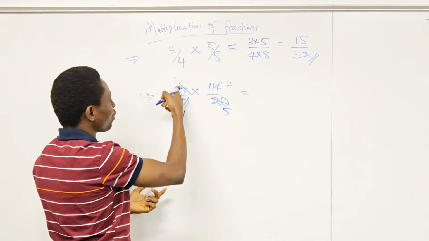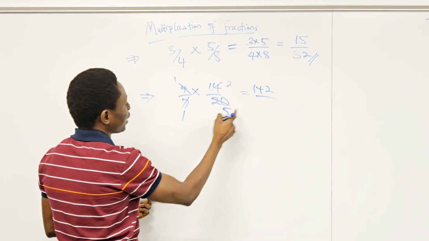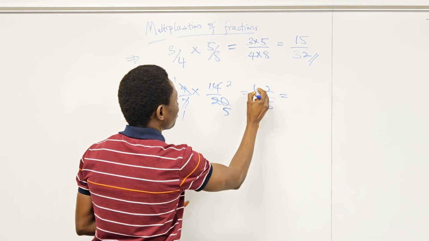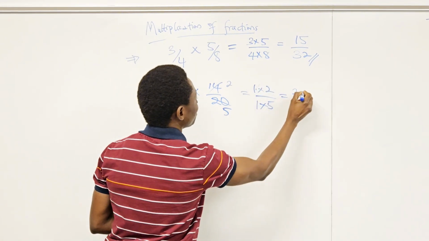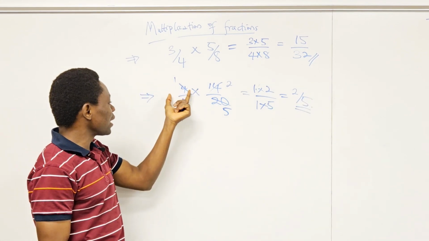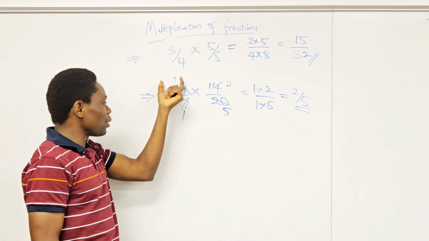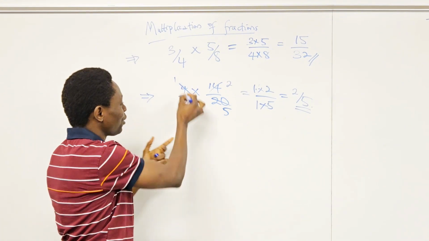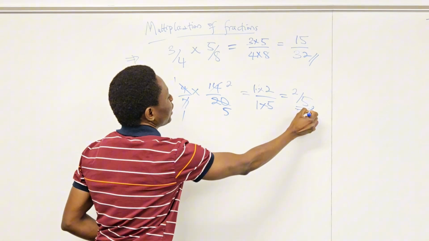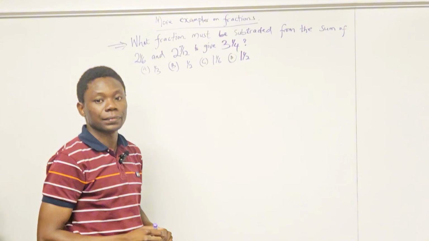So we are left with 1 times 2 over 1 times 5. So this is going to be 2 over 5, right? So we can actually reduce a fraction and cancel out numerator and denominator vertically or diagonally, so that we carry out our multiplication and arrive at our results, right?